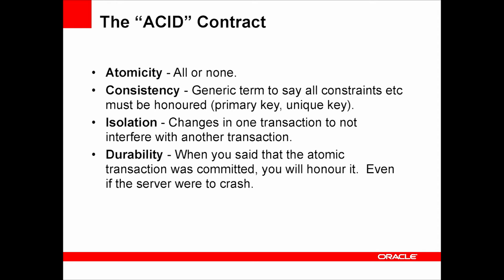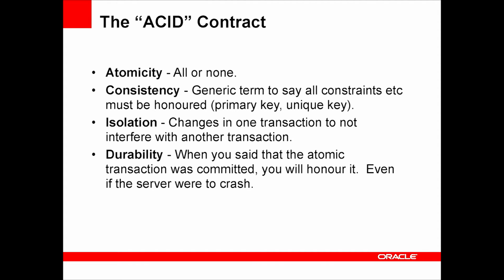And some of these are a little bit tunable. I'll go into detail on what each one means, but atomic means all or none. If I do multiple things at once, I want them to apply like they're one. Consistency is kind of generic in what it means, and applies to constraints. Isolation is configurable, and durability is configurable a little bit.